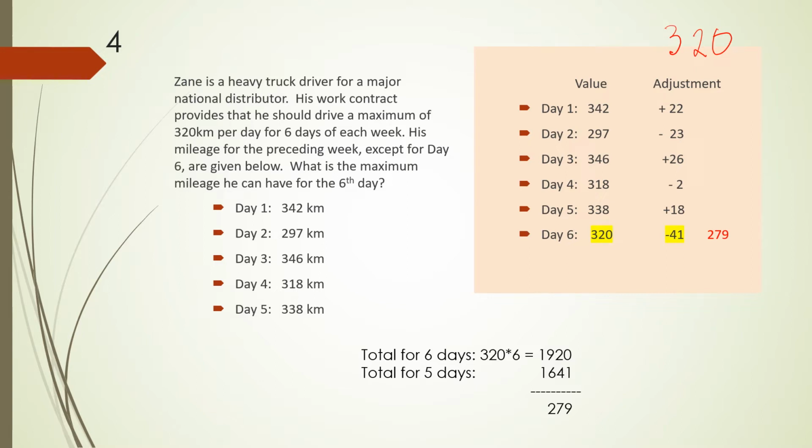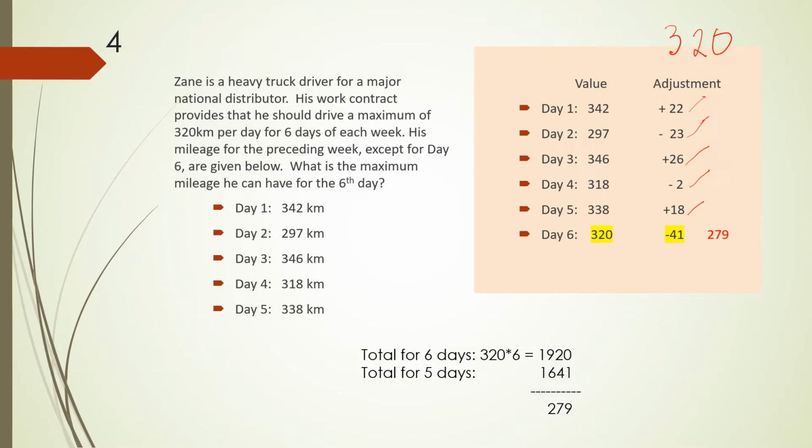So 342 will be 320 plus 22. 297 will be 320 minus 23. 346 will be 320 plus 26. 318 will be 320 minus 2. 338 will be 320 plus 18.